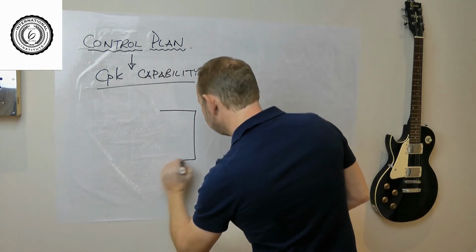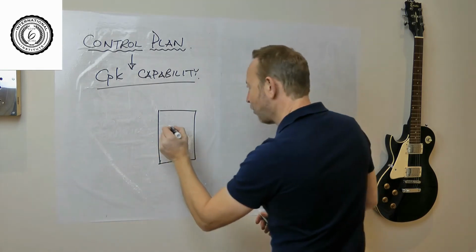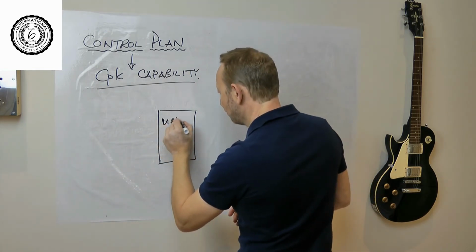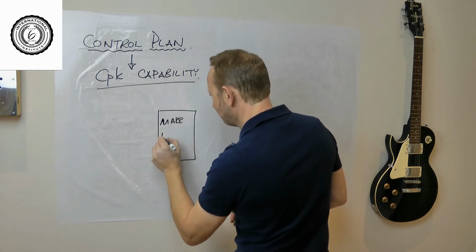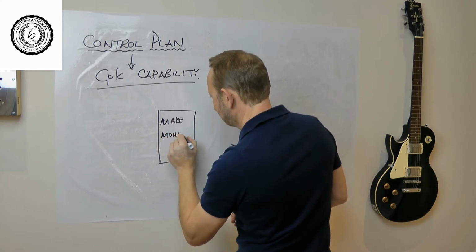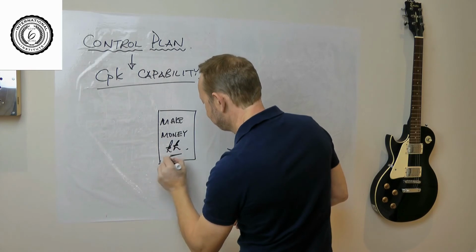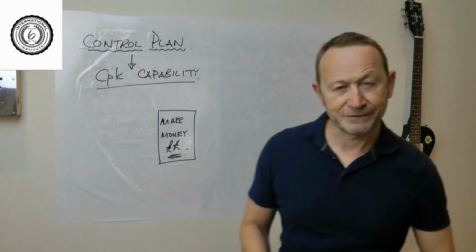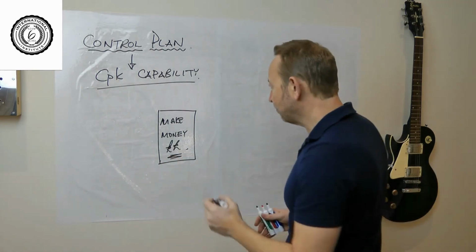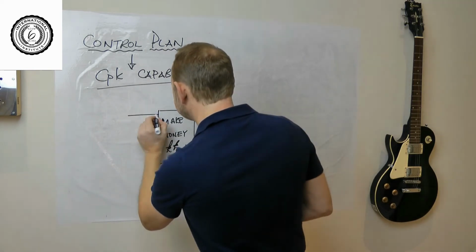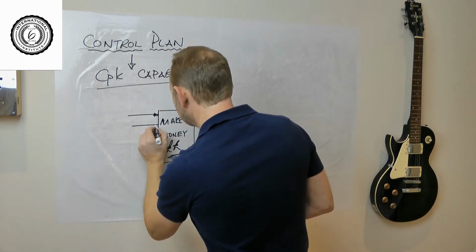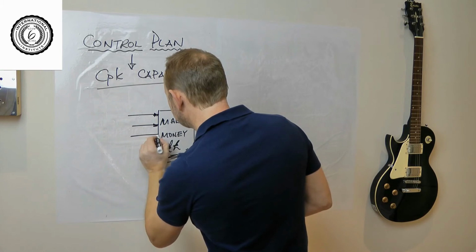Everything, of course, is a process. So you've got your process. What do we want to do? Well, as always, you're trying to make money. We've got inputs to the process.